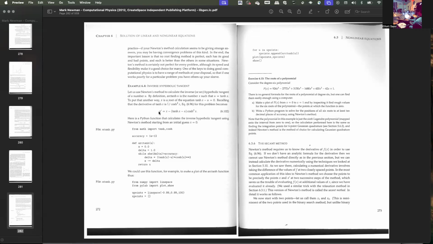So this is going to be our new guess, x prime is equal to our original guess minus the ratio of the function divided by the derivative, right? So the function was tan x minus u, and it's going to be divided by the derivative, which is just cosh squared u, or cosh squared x, sorry. Okay?